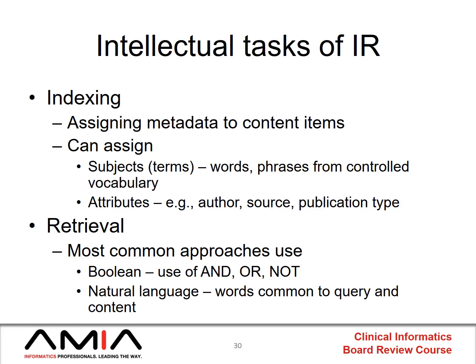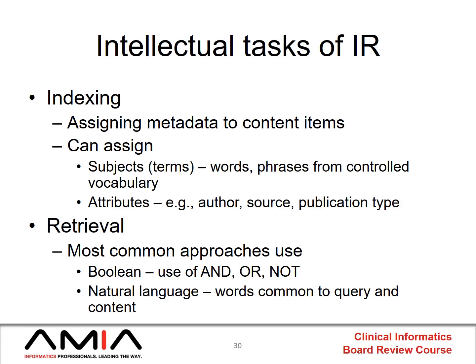We can assign metadata that reflects the subjects of what the content is about, and the subjects are described either as words or as phrases from controlled vocabularies, or there might be attributes that we index to facilitate retrieval, such as the name of the author, the source where the content comes from, its publication type, such as a randomized controlled trial or a systematic review.